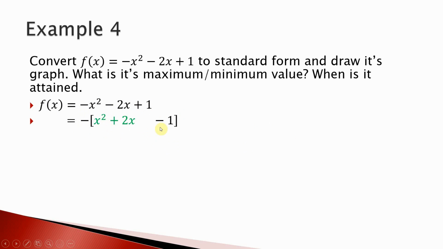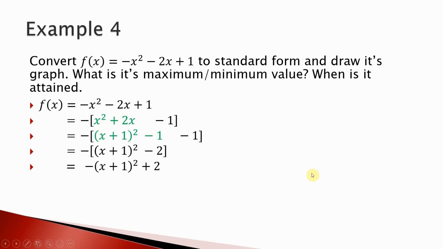So again you have to replace these two terms. So when you simplify this, you get this. So you get this one, negative 1 is negative 2. Then you distribute, this becomes negative, this becomes positive.